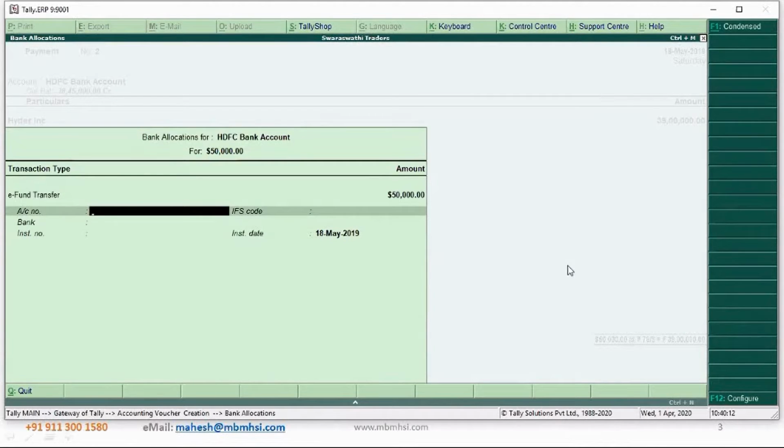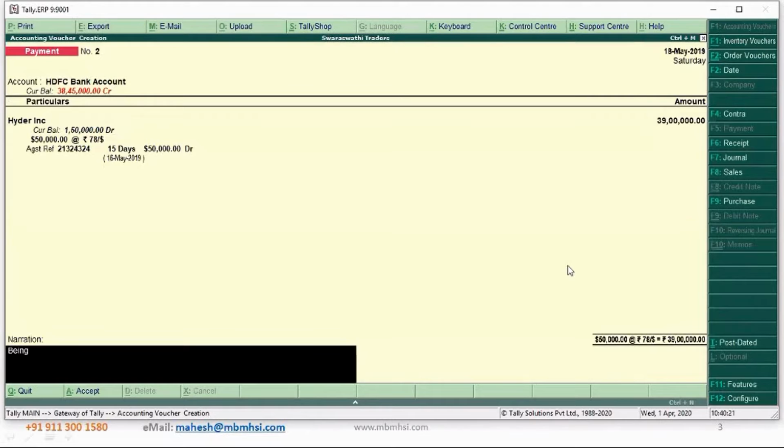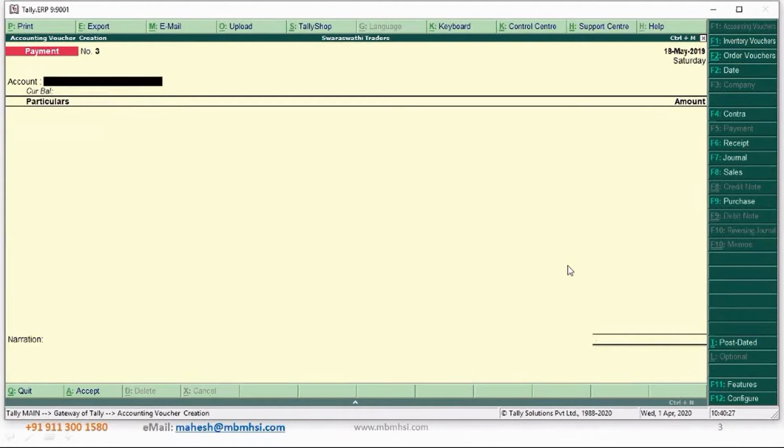All these details that you could give, the UTR reference number, fill these details, being payments made. Right, so now we made a payment of $50,000. In dollars, it was just 50,000. But from the Indian rupee perspective, we have paid more than the purchase value.